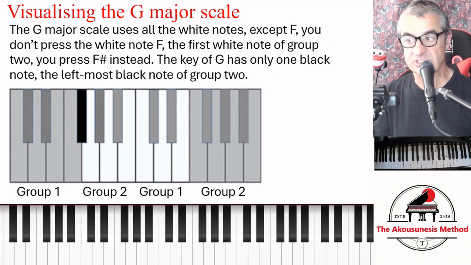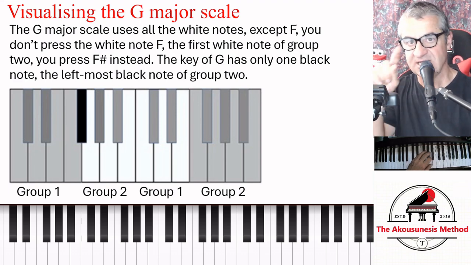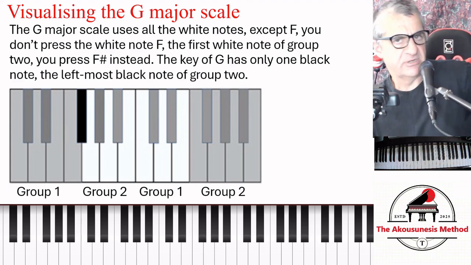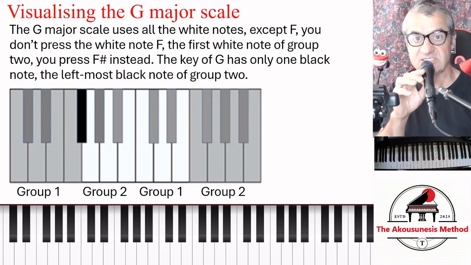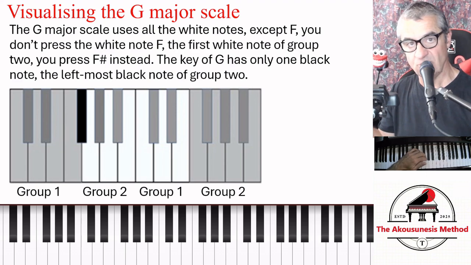You can remember also that of group 2, it uses the leftmost black note, F sharp, right? And because it's a major scale, because we're going around the circle of fifths and we're sharpening, remember from the previous lesson, I think it was lesson 3 or 2, we had a look at the circle of fifths, and we were sharpening as we go all the way.